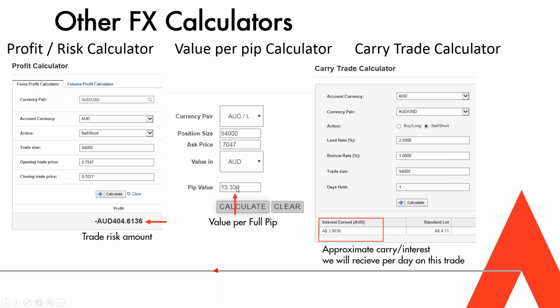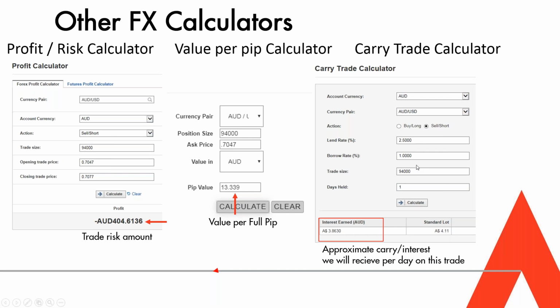And of course, the carry trade calculator, another online calculator that you could certainly use and take advantage of, is telling us that we're going to be paid interest of $3.86. So we're selecting our currency pair here, Aussie US dollar. We selected a short sell. We want it to be in Australian dollars.